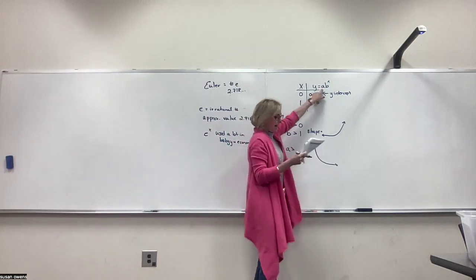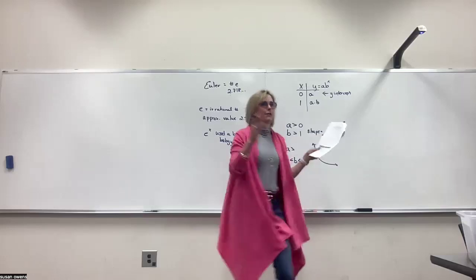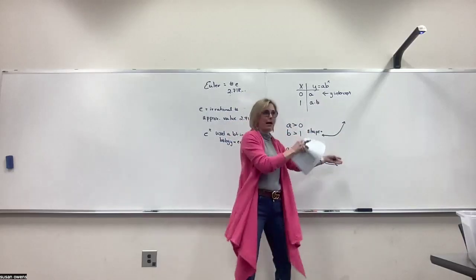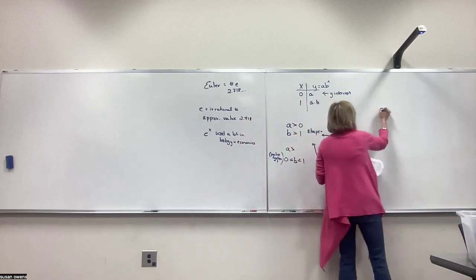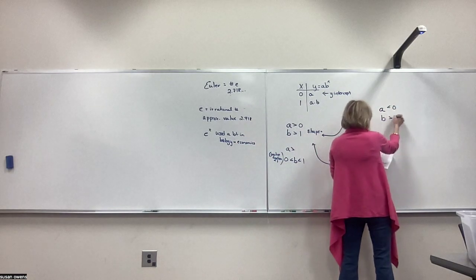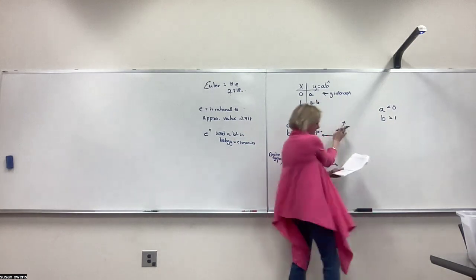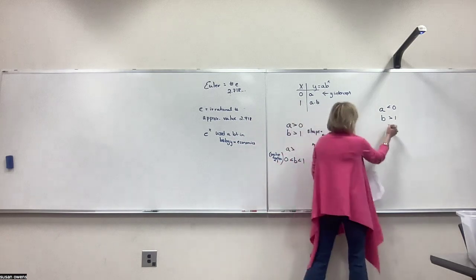Now, when this a value out here is negative, if we have an a that is less than 0 and a b that is greater than 1, it's going to take this graph right here and reflect it over the x-axis.